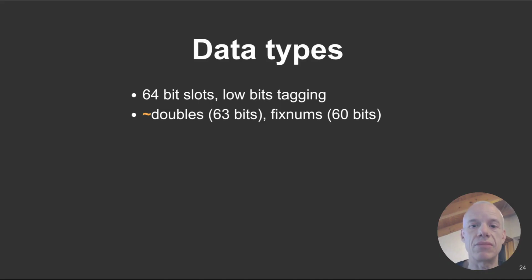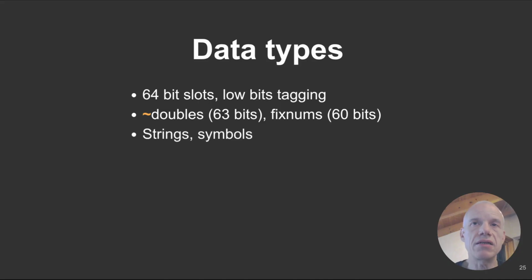I'm using another 3 bits for the tagging, so I'm using the 4 lowest bits for tagging, basically. But this, in my opinion, is still a better idea than using the higher bits because of the way the processor manipulates 64-bit data.